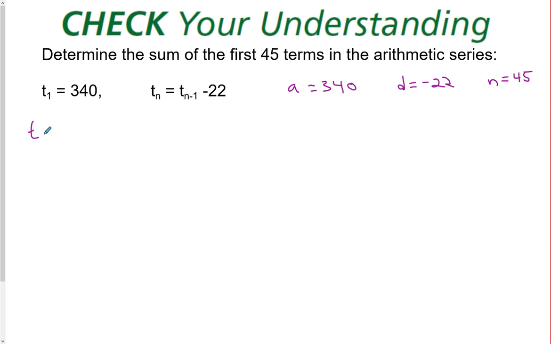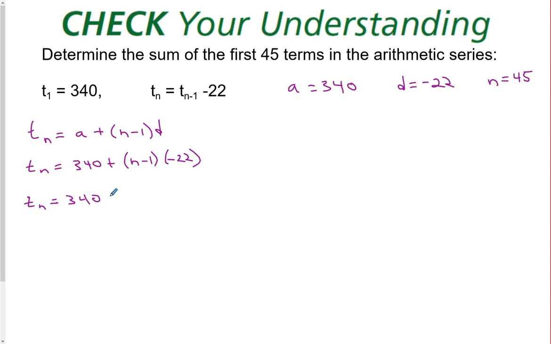If I want to find my general term, I'm going to say my starting term plus n minus 1 times d. Let's put in our values for that. 340 is what we start with. D is negative 22. So I got everything subbed in.